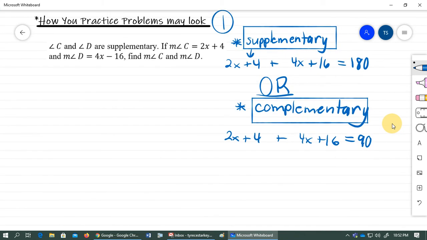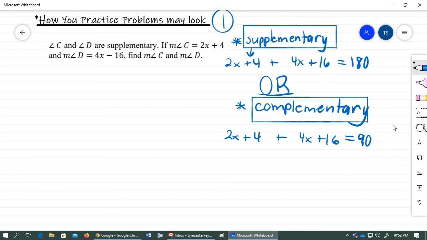Now, guys, if it says vertical in the problem instead of supplementary or complementary, if it says that those two angles are vertical angles, we got to hurry this up.